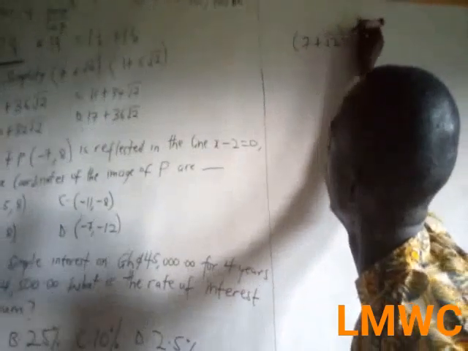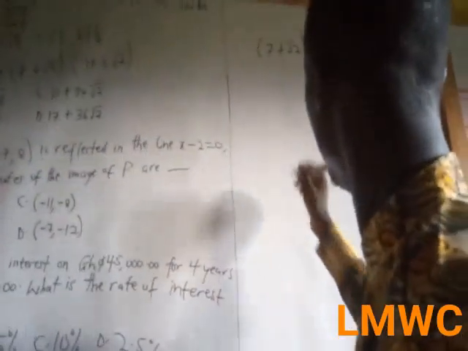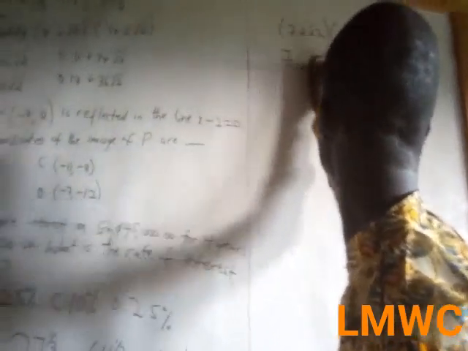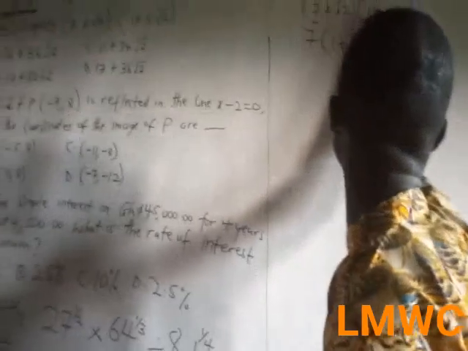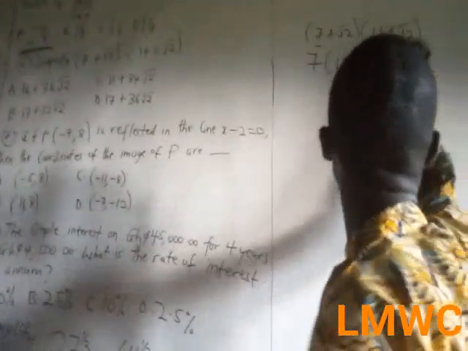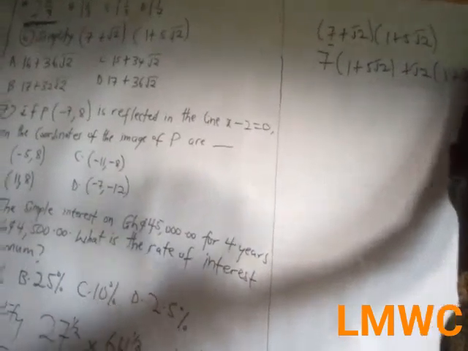Question 6 is set. So we have 7 plus root 2, 1 plus 5 root 2. You use this one to multiply this one, and this one to multiply this one, plus root 2, 1 plus 5 root 2.